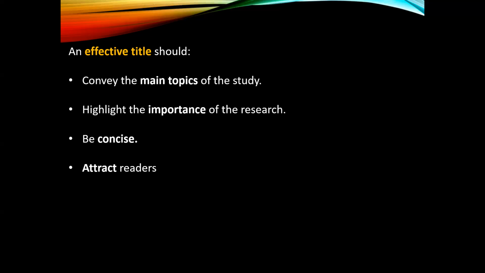So these are the four most important points: reflecting the main topics and highlighting the importance, the conciseness, the coherence, and the attraction. How can you attract your readers from formulating the titles that you want to do?